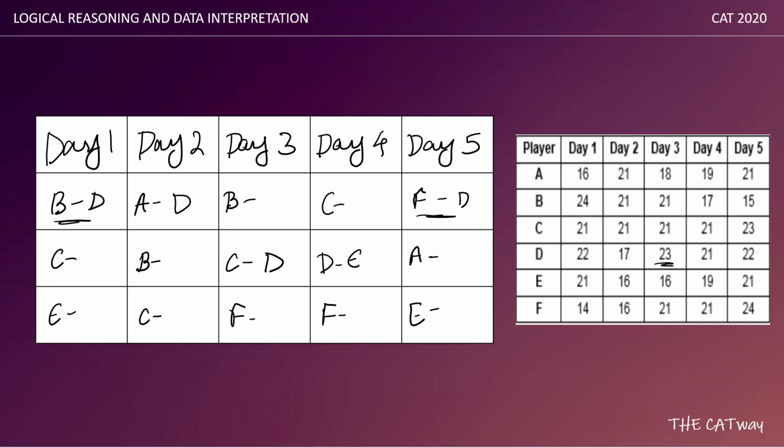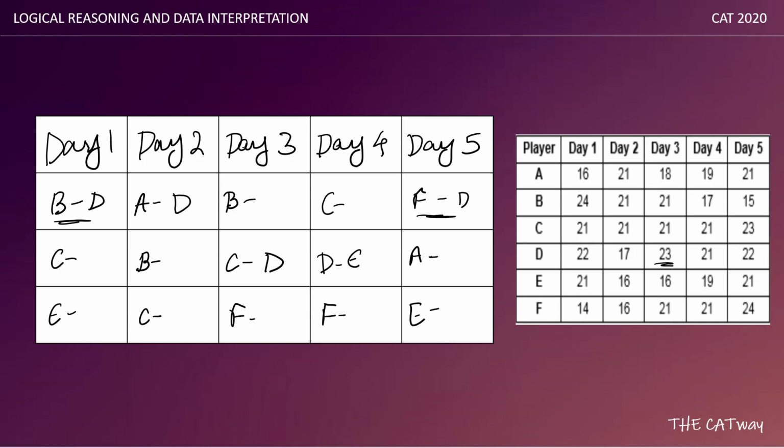Now let's talk about A. A has already played against D. Against B he can play on day 3 and on day 5. Against C he can play on day 1, day 3 and day 5. Against D he could only play on day 2. A can play against E only on day 1.